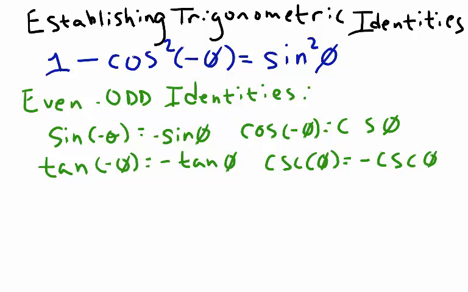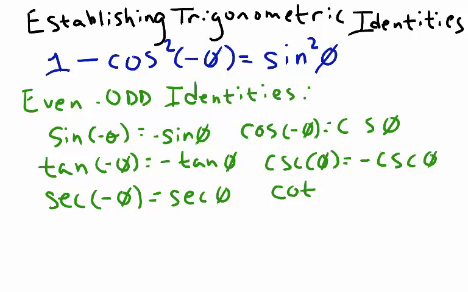Then we have secant of negative theta equals secant theta, and cotangent of negative theta equals negative cotangent theta.